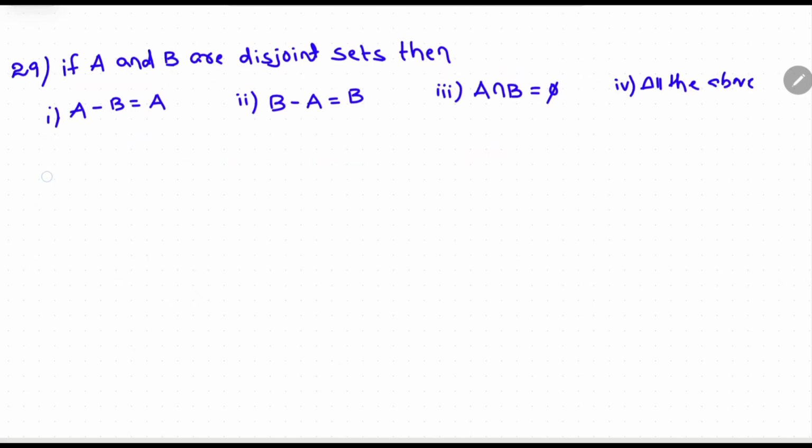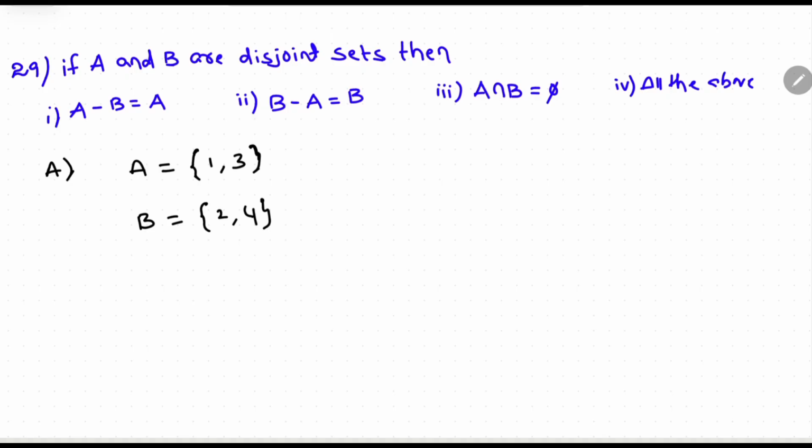Here sets A and B are disjoint. So if I take A as 1 comma 3, as an example, and B as 2 comma 4. Now we know that A intersection B equals the null set.